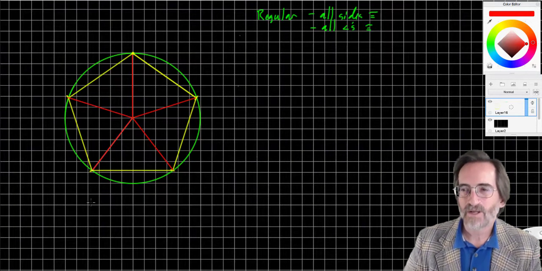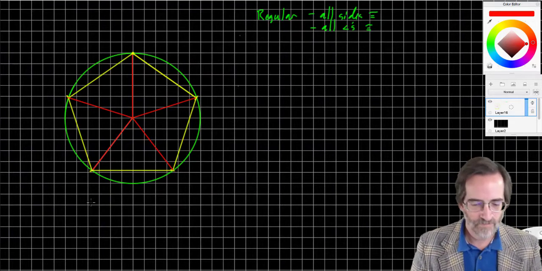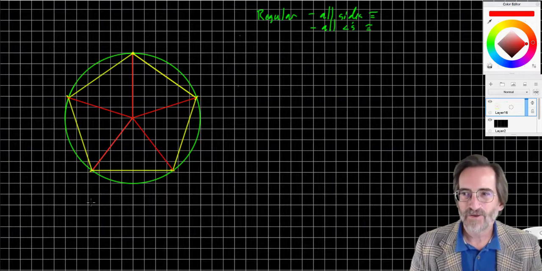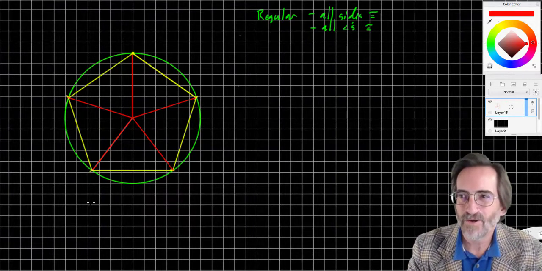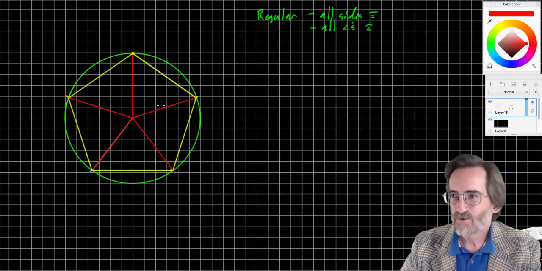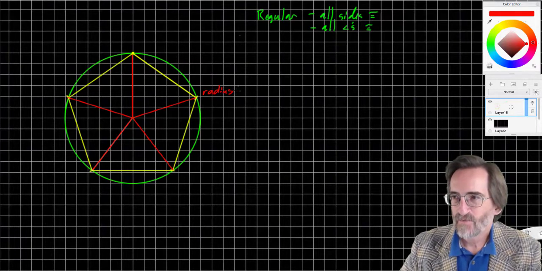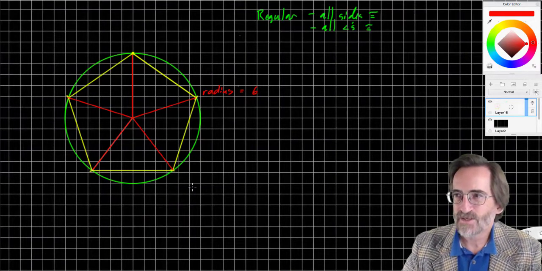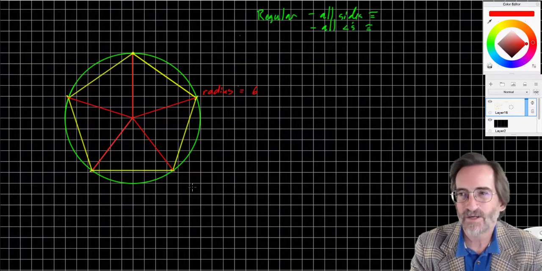And you may recognize the Chrysler automobile logo there. All right, so those are radius or radii. This is a radius, and in this case the radius is 6. Okay, and I want to find the area of the regular pentagon here.